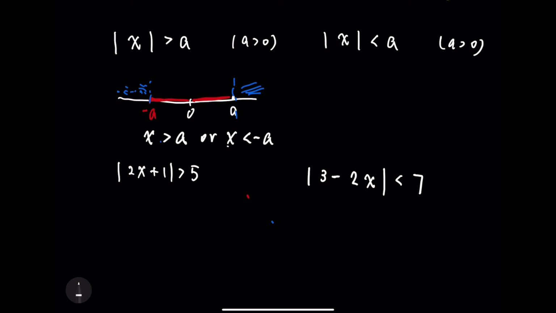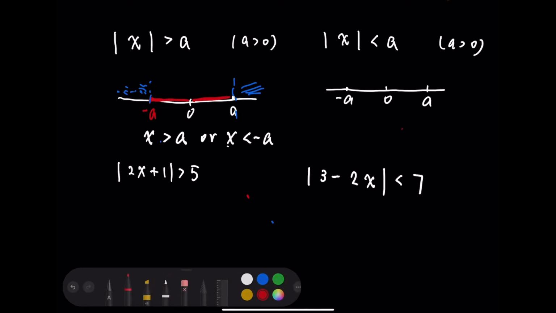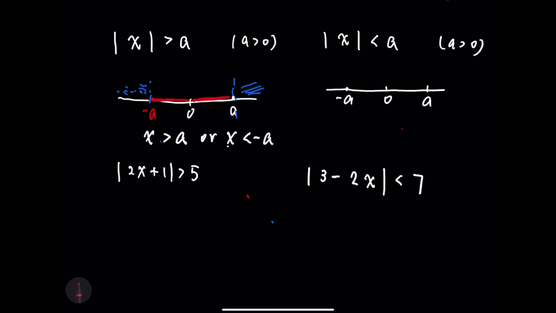So similar idea, if the distance from the origin is less than a, what does that mean? It means on the number line we have 0, we have a, and we have negative a here. So the distance to the origin, if it's less than a, that distance is equal to a, and that distance is also equal to a.